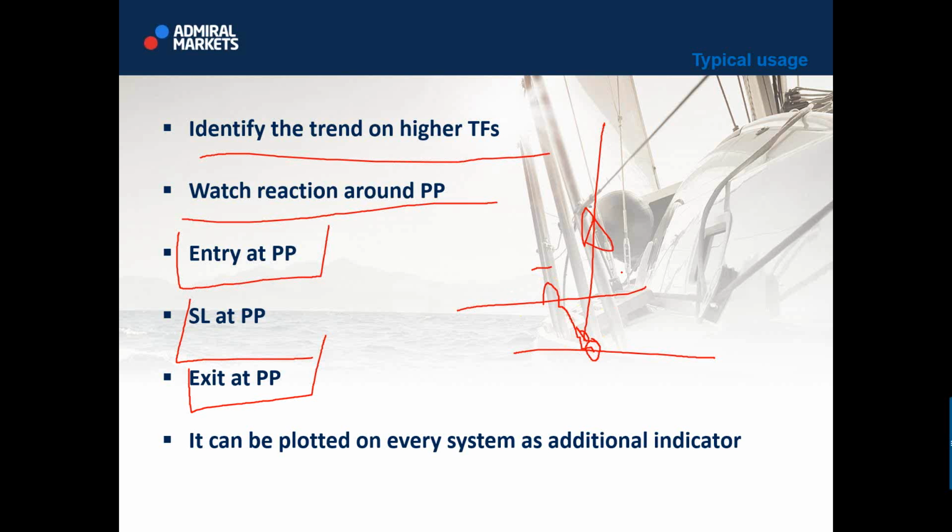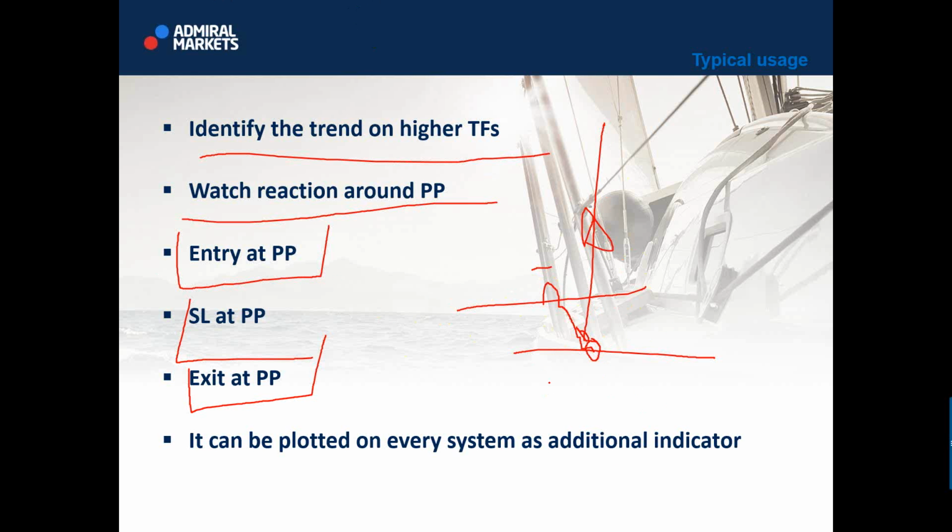Once those stops are grabbed, there is an instant big movement in the market. So it's good to use pivot points, because when you're in the trade, you know where to exit the trade, or at least where to take part of your trade out, or also where to put your stop loss.